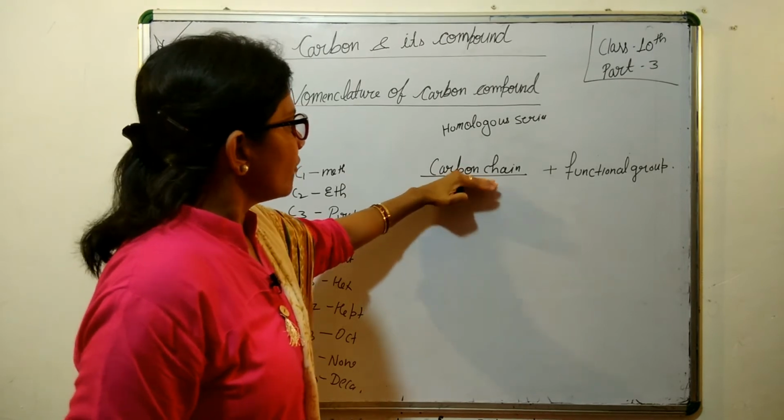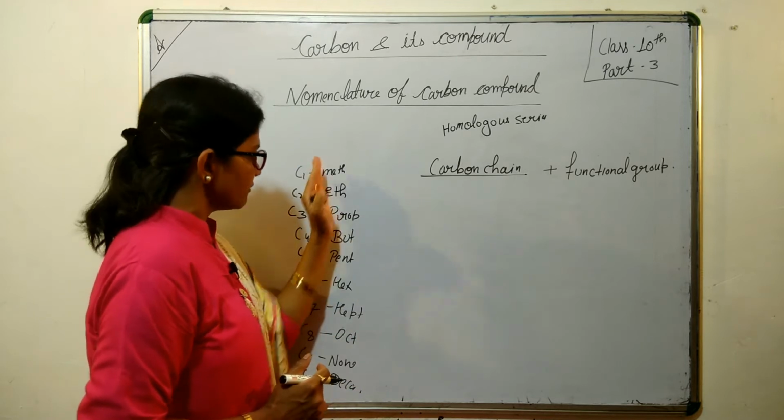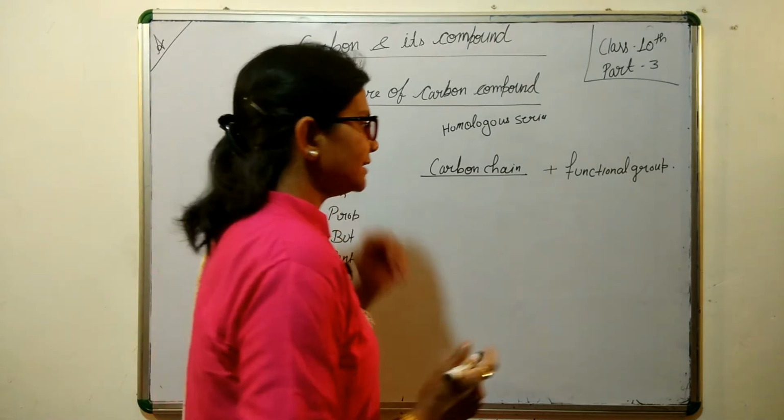So for the carbon chain we use these names. We will see how many carbons are present here. Then the functional group.